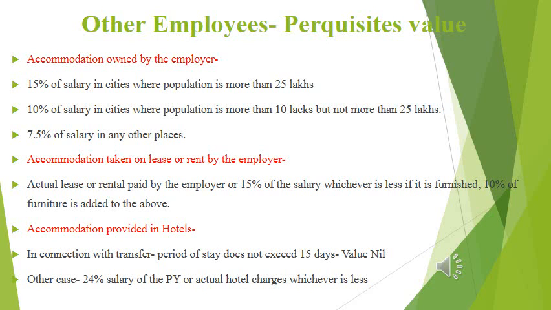We have already discussed 15% of salary or actual rent paid, whichever is less. Here 24% of salary or actual hotel charges, whichever is less, will be taken as the perquisite value. Clear? So these are all the important provisions to calculate the perquisite value of an employee.